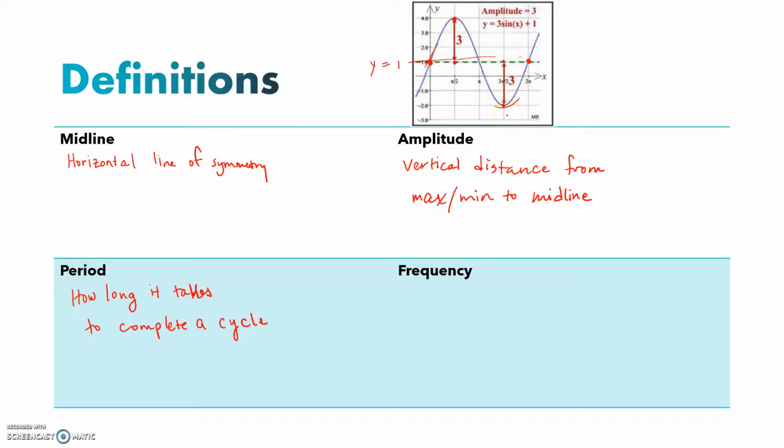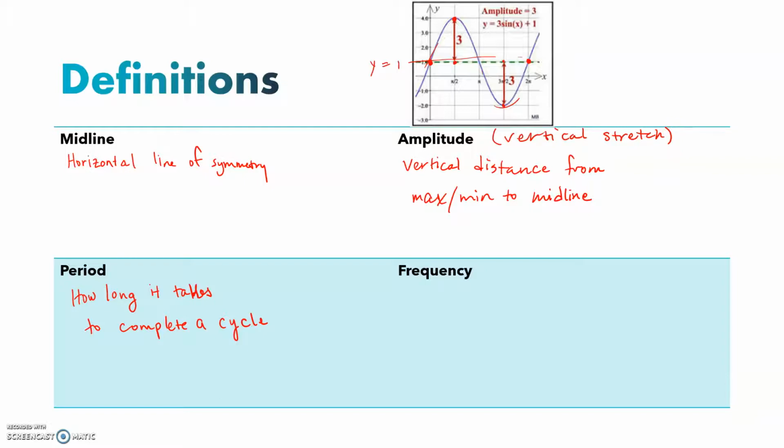It takes 2 pi to complete a cycle on this graph. The amplitude is a vertical stretch. The period is how long it takes to complete a cycle.